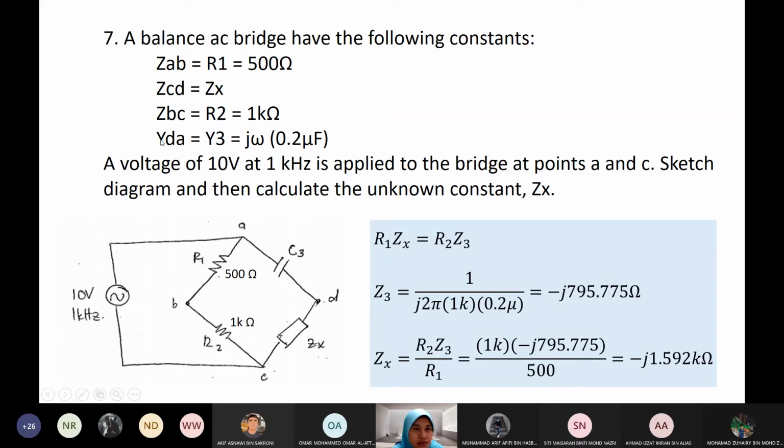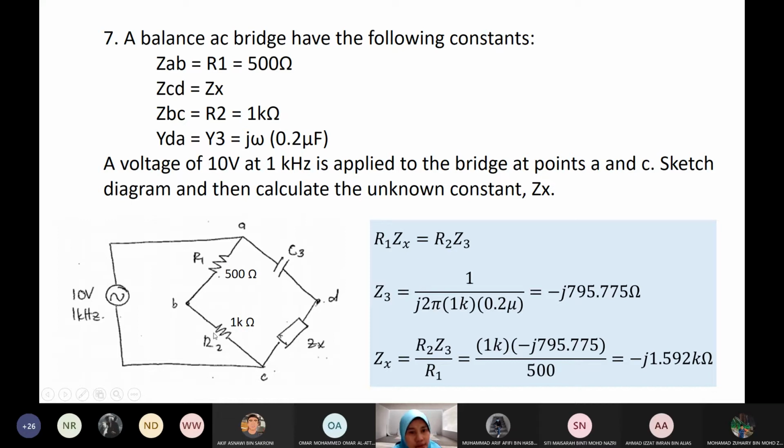In your question it is YDC, I think, but actually it is YDA. At YDA we have Y3, this is admittance, the reciprocal of impedance, equal to j omega C. Meaning that at DA we have only a capacitor. Y3 is equal to this.